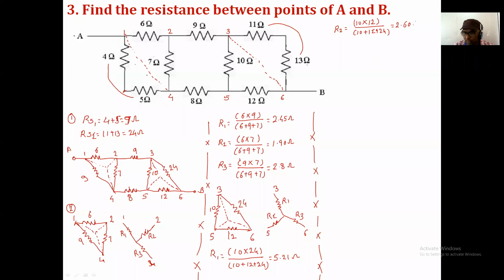Okay, very good. Then R3 is connected to point 6. Which two branches come at this point 6? 12 multiplied by 24, product of the two resistances divided by sum of all the resistances, so it's 12 plus 24 plus 10. It's 6.26.